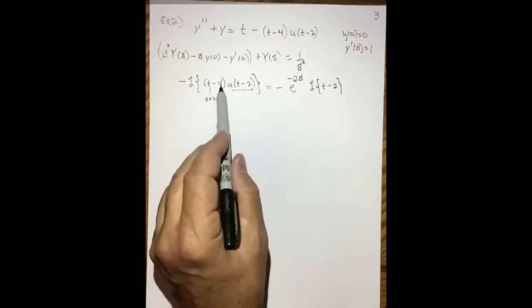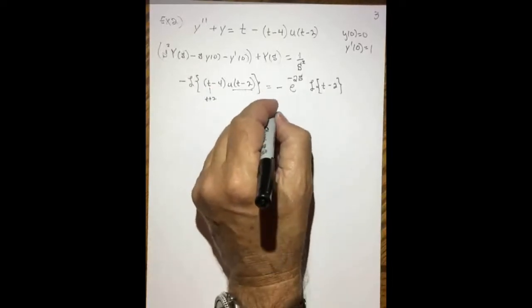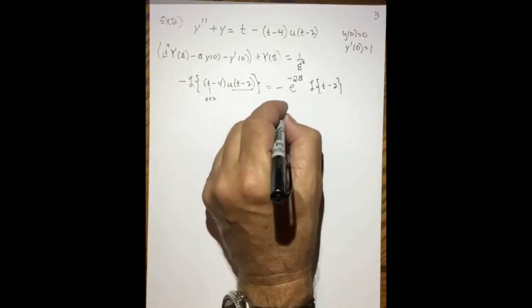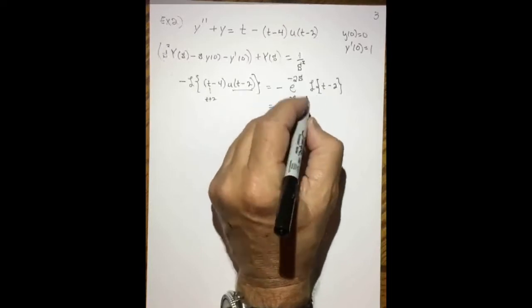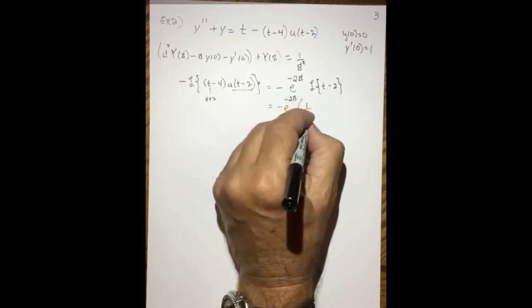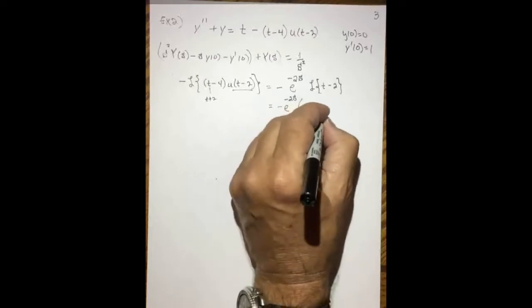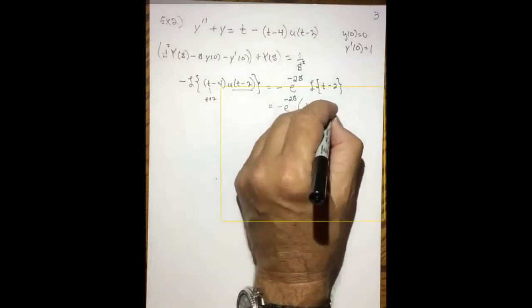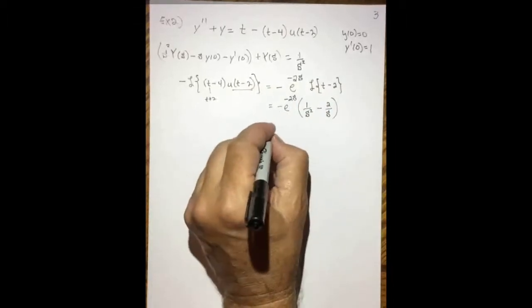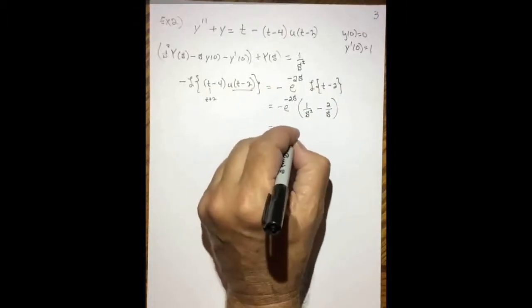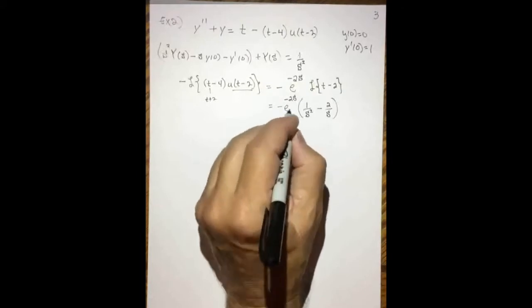So I've got t plus 2 minus 4. If we go ahead and do that, that's going to be a negative e to the minus 2s. The Laplace transform of t is 1 over s squared. Laplace transform of 2 is 2 over s. So this is going to give me a negative e to the minus 2s.